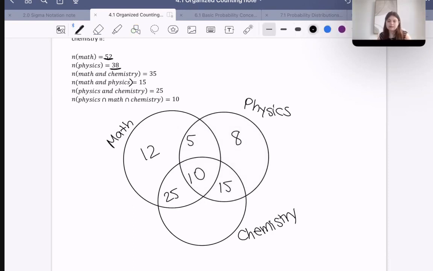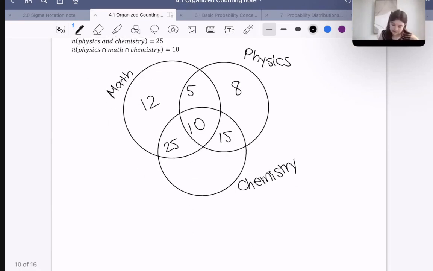All right. Okay, so how do we find out how many students only take chemistry? Well, assuming that all students must take math, physics, or chemistry, and that it's not an option to be a student and not take at least one of those subjects, that would mean that the number of students taking only chemistry would be 100, because that's our total number of students, minus all the numbers of the people who are taking other stuff.